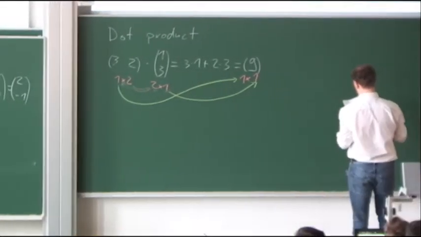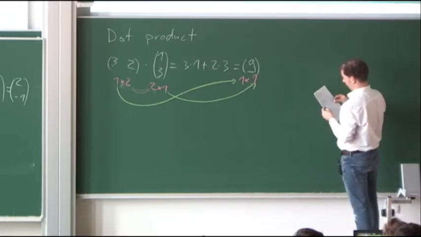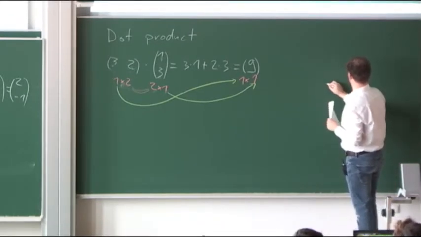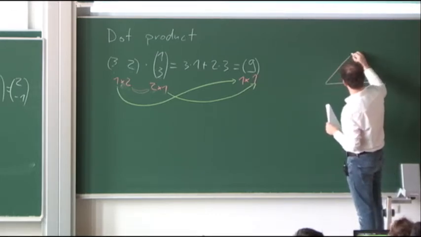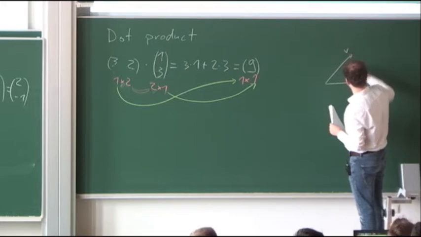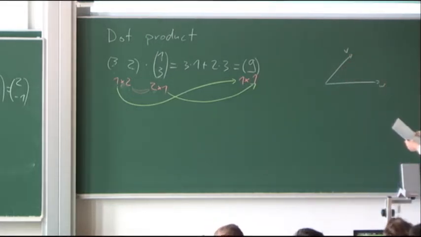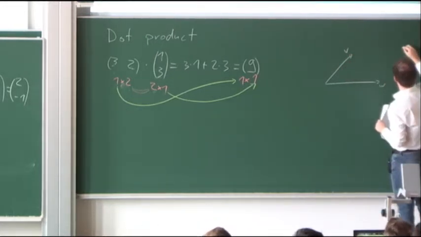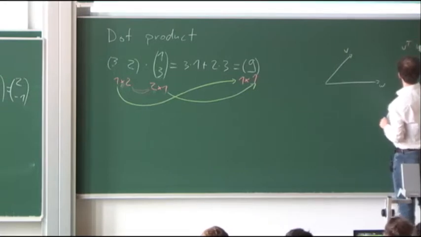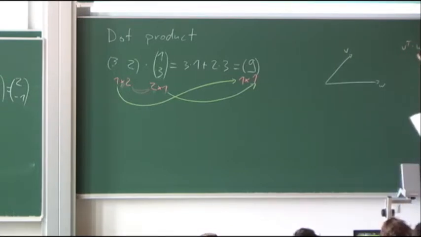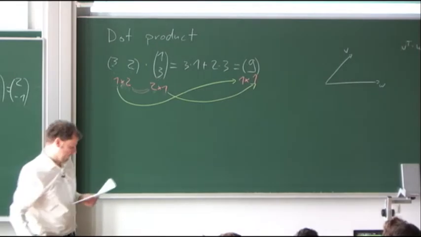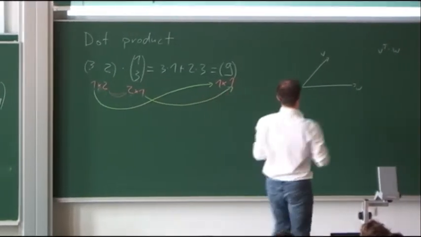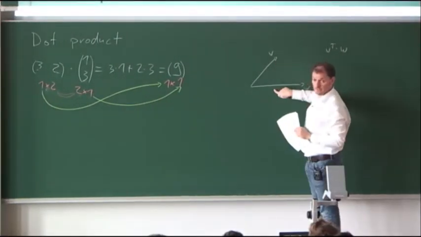So, if this is W and this is V, and I want now to calculate V transpose dot W, so the dot product between V and W, what I do is first I project this vector on this vector.